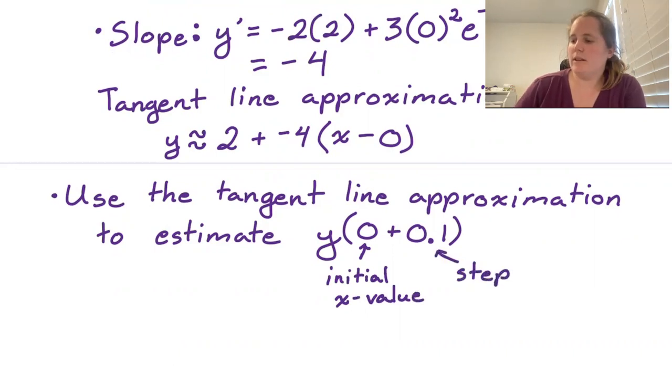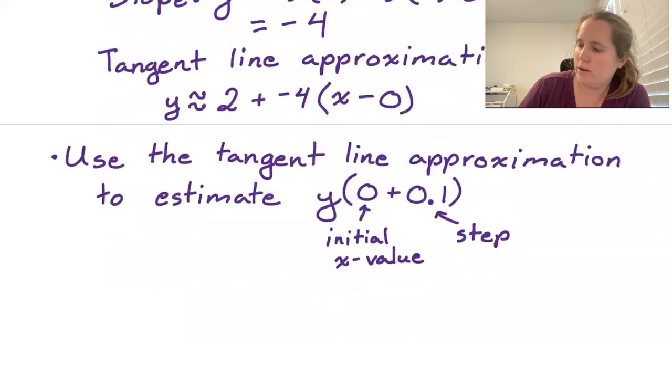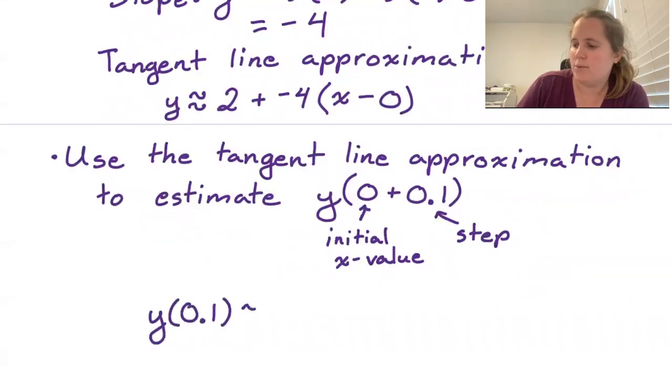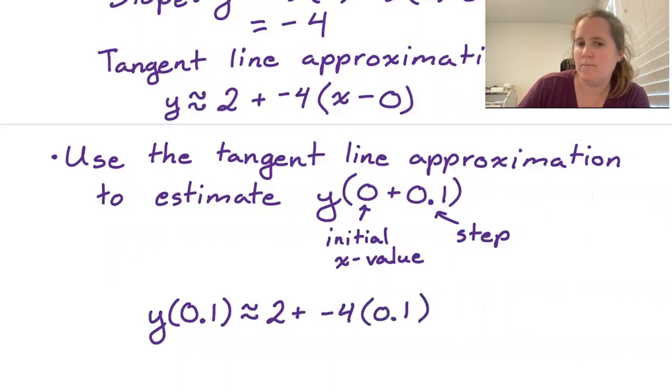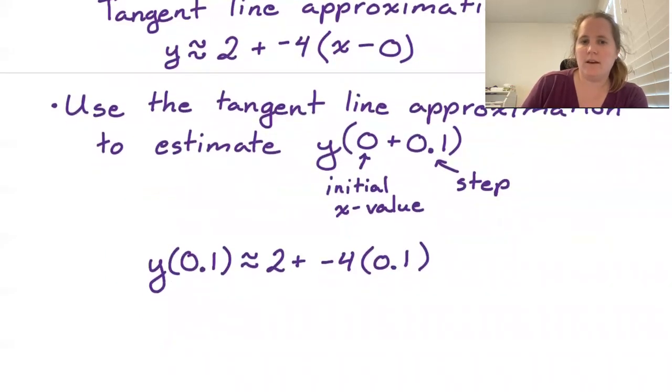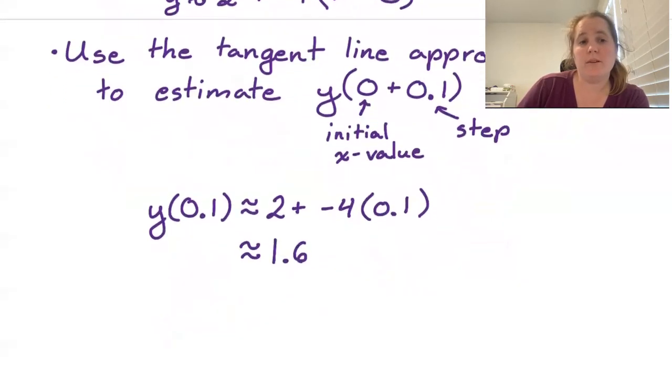So if we plug in 0.1 now, we're looking at y of 0.1 is approximately 2 plus -4 times 0.1. And so we get that it is approximately 1.6. So now we have a new point.